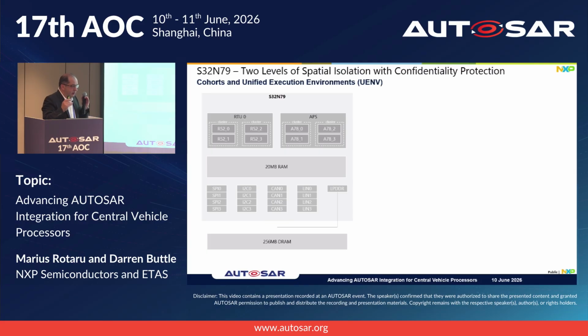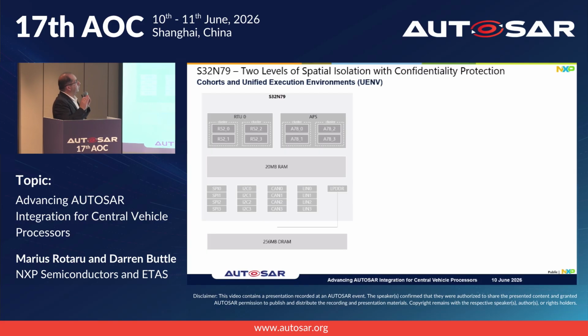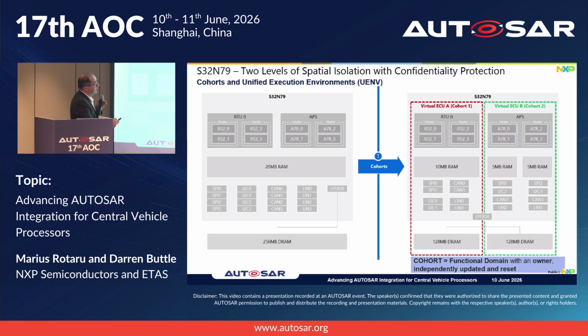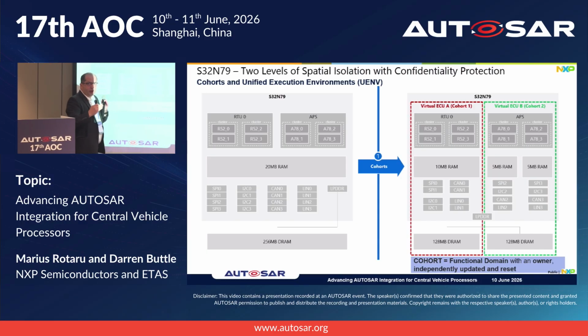To go a little bit in more details, S32N comes with two levels of isolation to ensure also confidentiality protection. So I have this S32N. I have the real-time cores. I have application cores. I have memories, peripherals, etc. When I'm doing a partitioning, we created the concept of cohort.